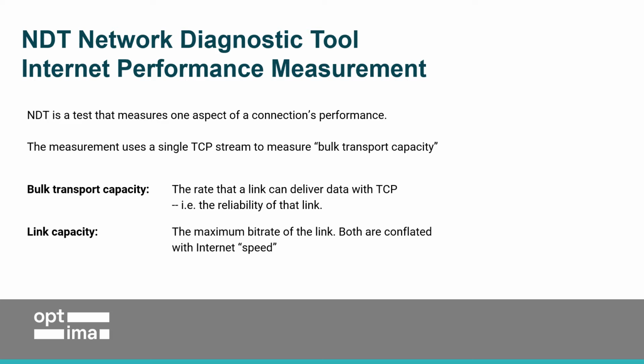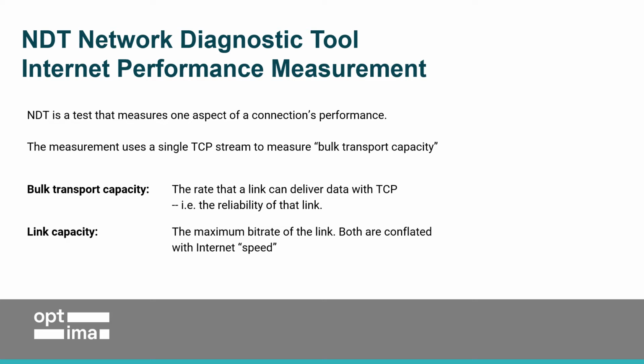Both link capacity and bulk transport capacity contribute toward the speed experienced by people, but there isn't really an agreed upon definition of what that means. There are many ways to measure different aspects of a connection. So this can make things confusing for people when we're talking about taking an internet speed test and trying to understand why one of those tests provides a certain result and a different test, like MLab's test, provides a different result.